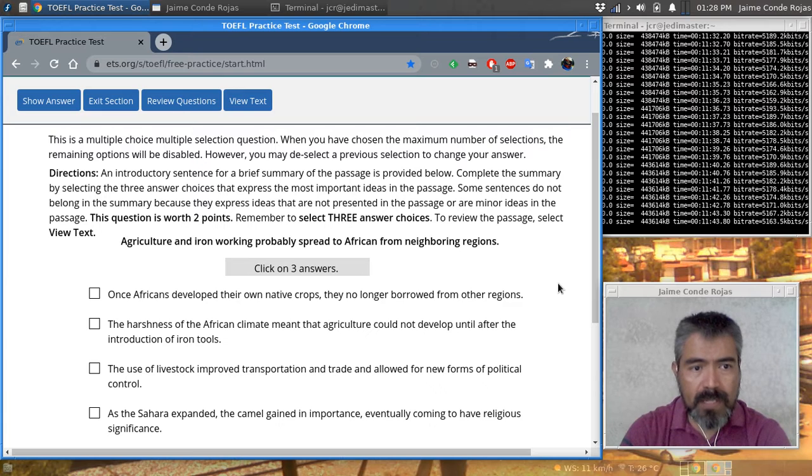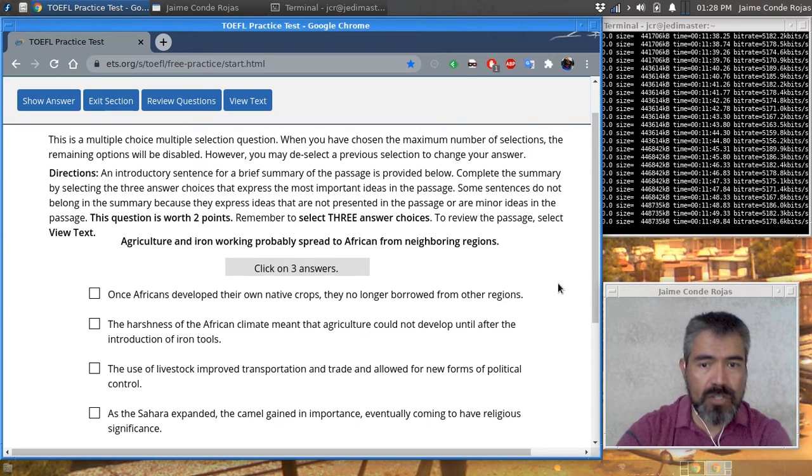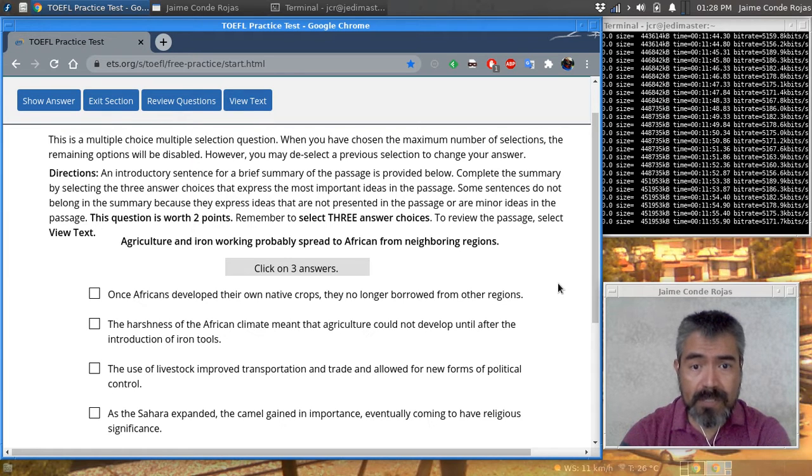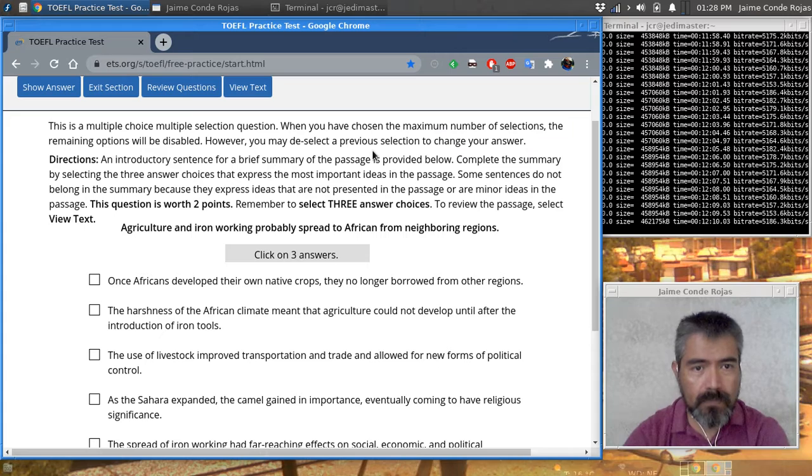Complete the summary by selecting the 3 answer choices that express the most important ideas in the passage. Some sentences do not belong in the summary because they express ideas that are not presented in the passage or are minor ideas in the passage. This question is worth 2 points. Remember to select 3 answer choices. To review the passage, select View Text, this button.